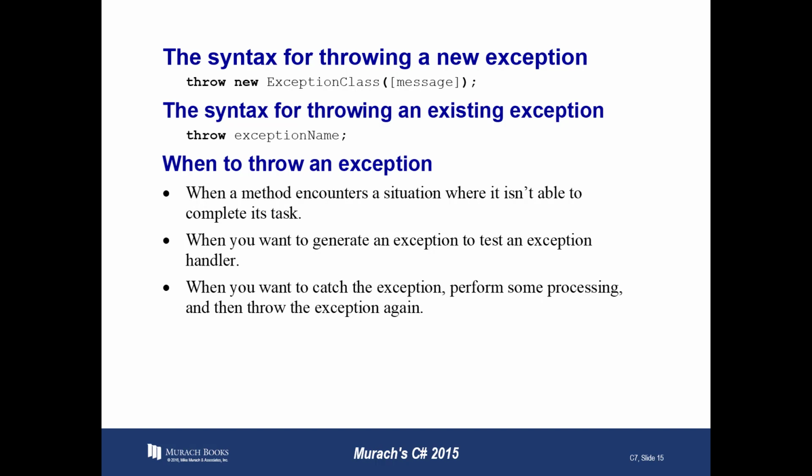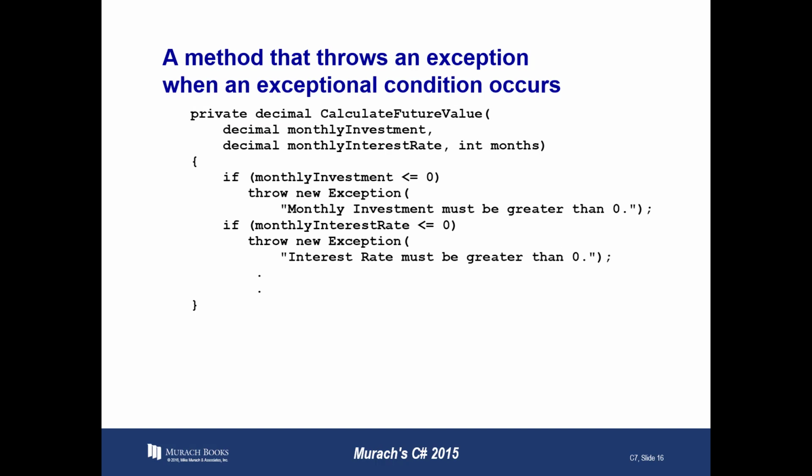So we ask the user, let's say it's a console program, to enter a value for miles. And they put in their hello. Well, we could throw our own format exception if we wanted to. And here's an example of that.